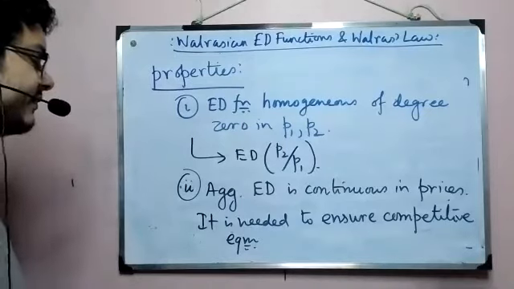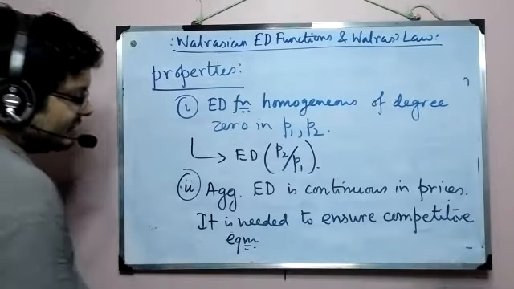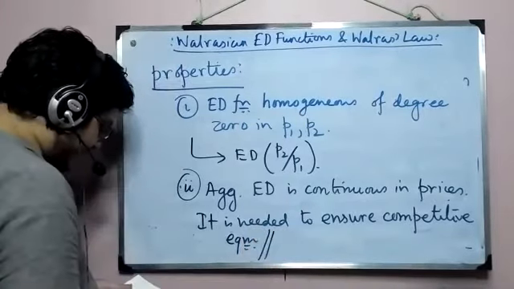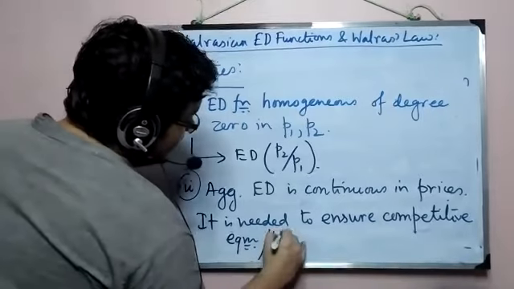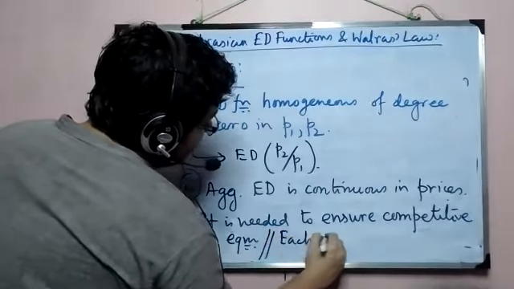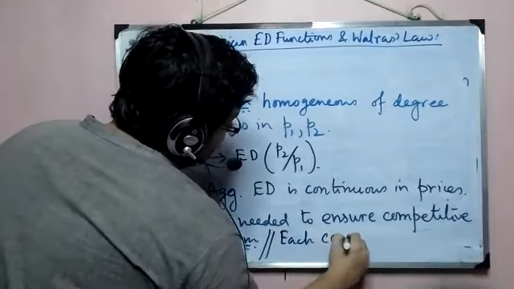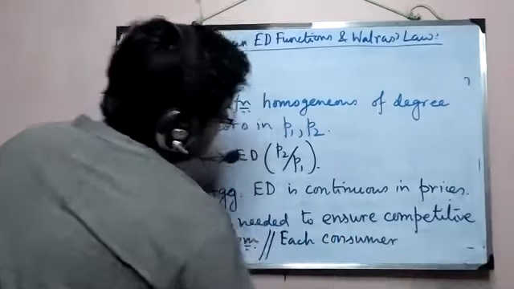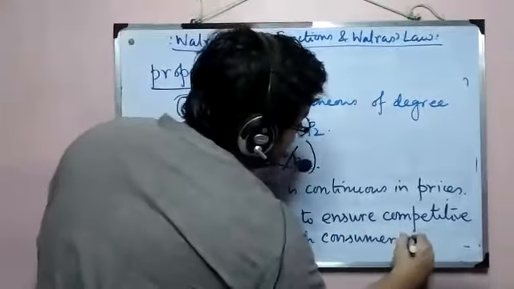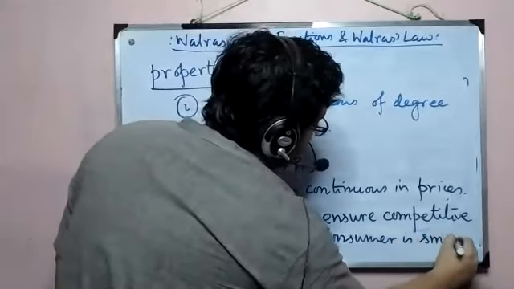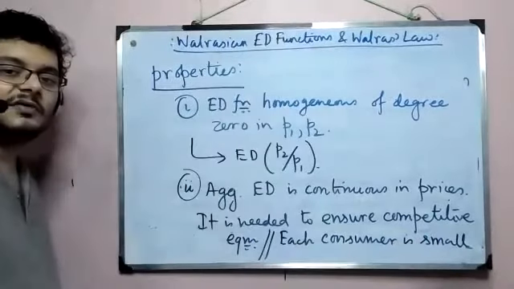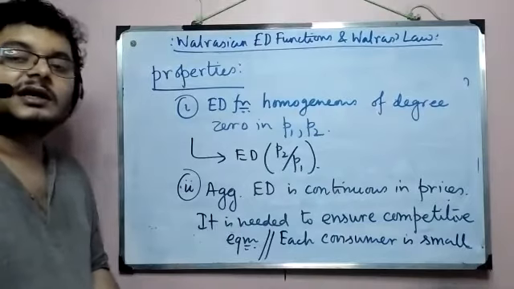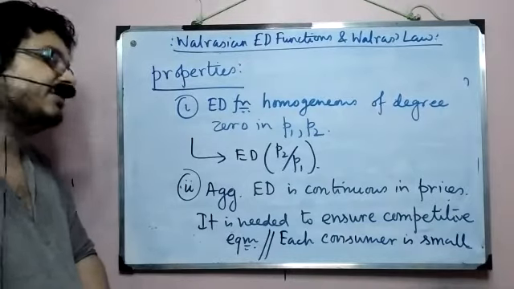if you want something which sounds more like economics, you can say that each consumer is small. Small in what sense? They are small in relation to the size of the market.